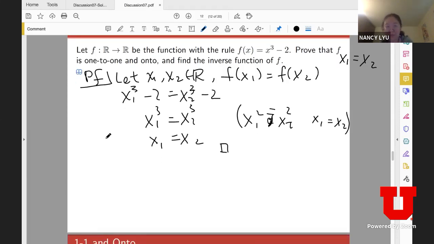And how would you prove onto? What's the general rule for proving a function is onto?